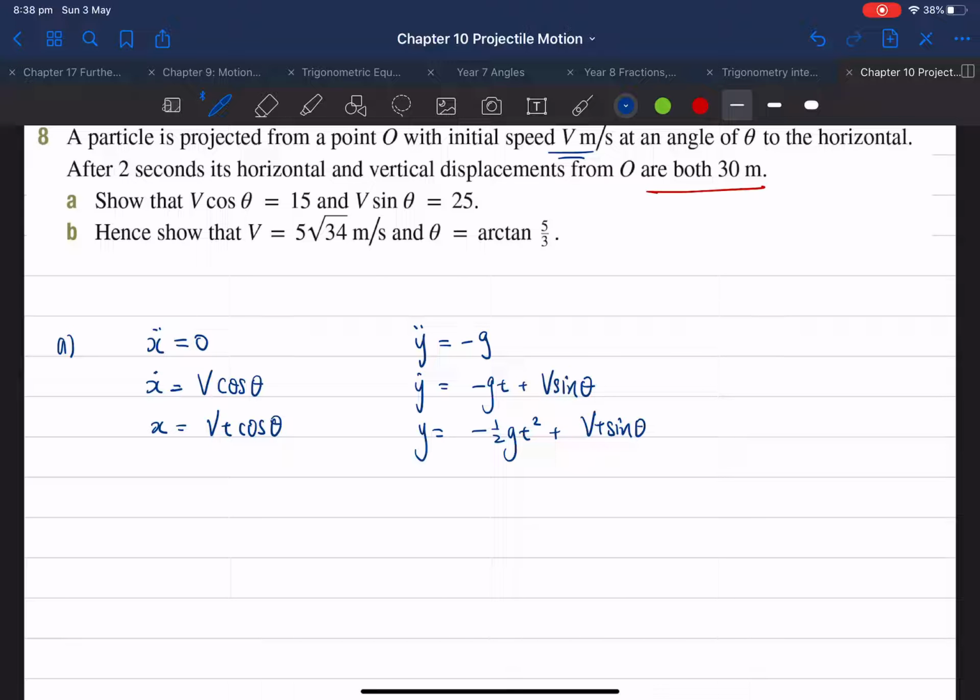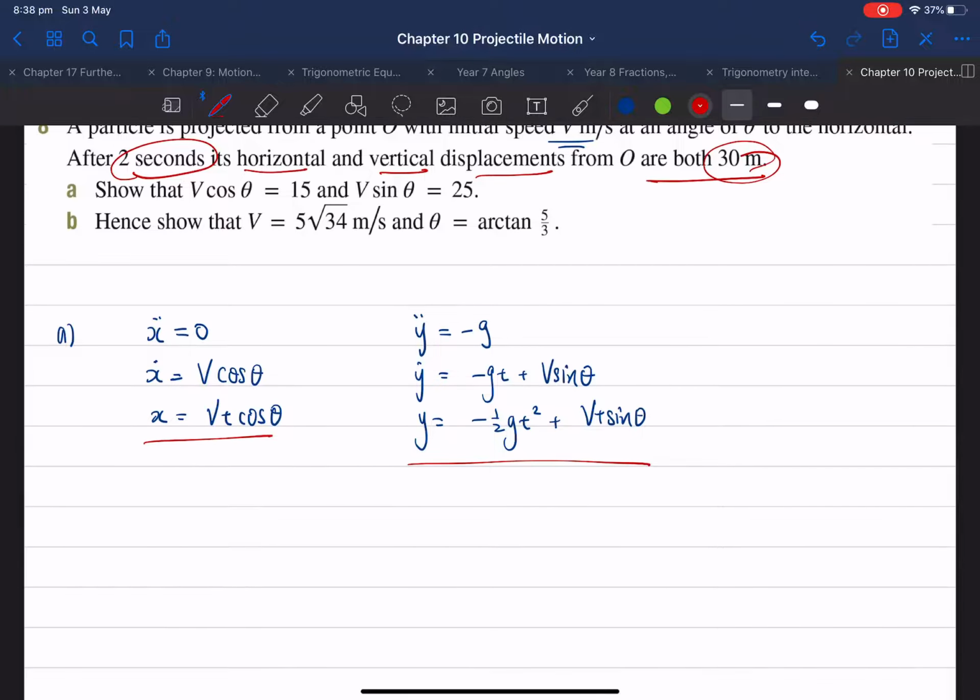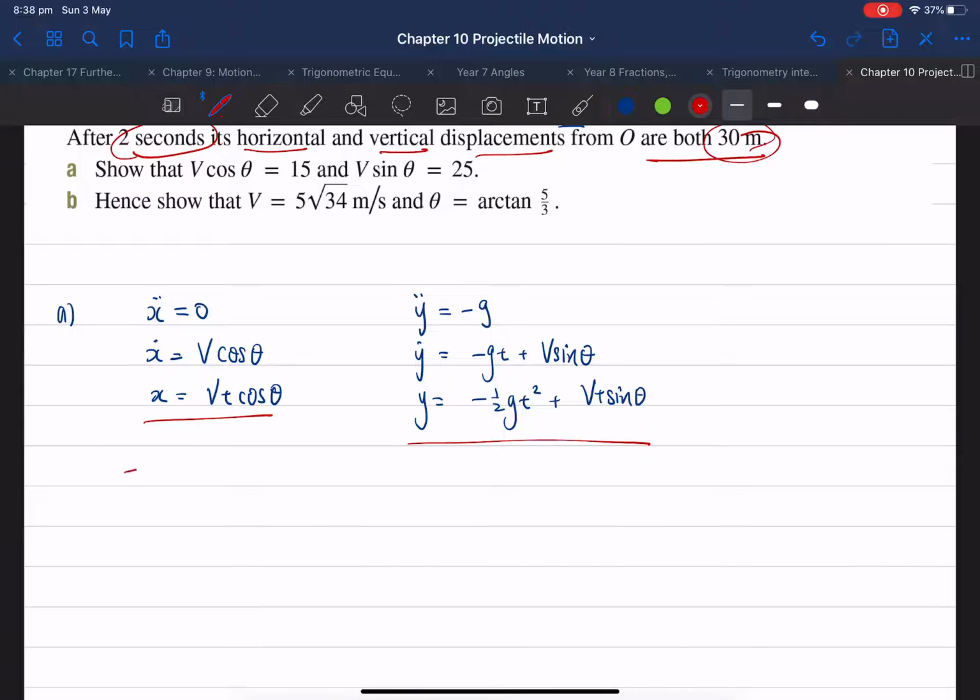Okay, alright. Now we have this. So what do we do? We need to use this information. After 2 seconds, horizontal and vertical displacement are both equal to 30. How about we substitute t equals 2, x equals 30, y equals 30, and maybe we can prove what we need to prove later?